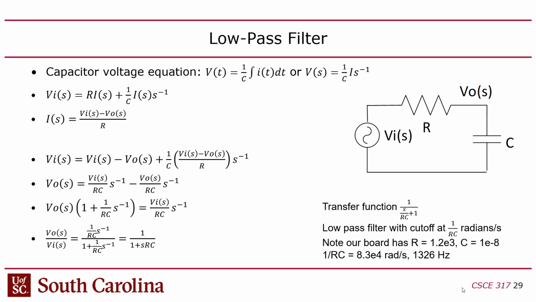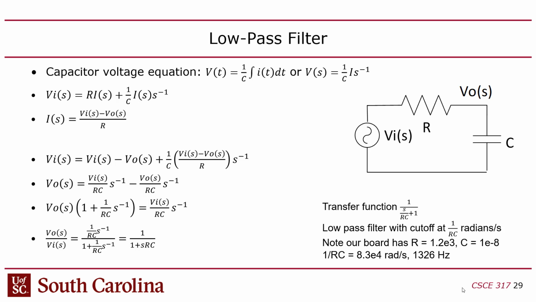I'll skip over to the end, but basically you have to convert everything to the S domain, then calculate the transfer function, which is V out over V in. Once you do that, you end up with a transfer function of 1 over 1 plus SRC. I left the resistance and the capacitance as variables, right? So 1 over 1 plus SRC is the transfer function, okay?